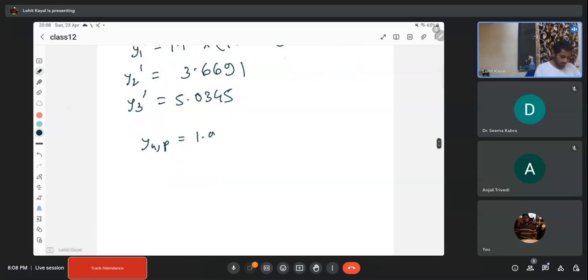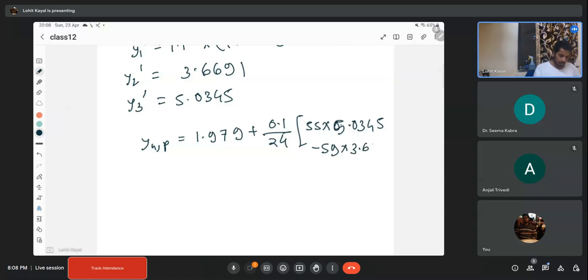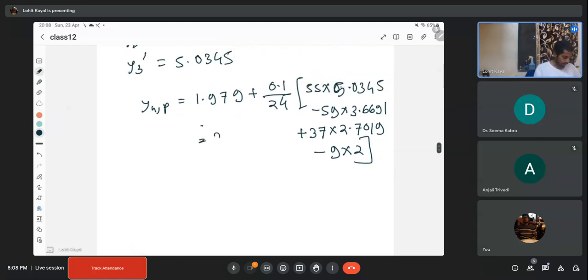Now, if you do the calculation, I am just writing the key steps. It will be 1.979 plus 0.1 by 24, 55 into 5.0345 minus 59 into 3.6691 plus 37 into 2.7019 minus 9 into 2. So your final answer will be in this way, 2.5723.